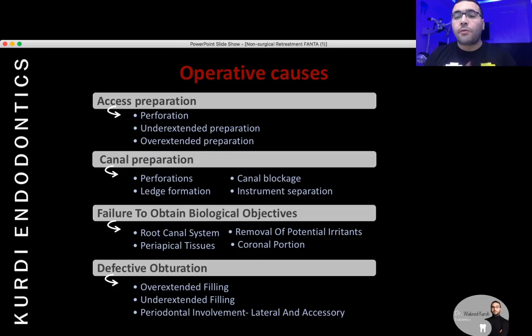We also have operative causes. During your operation, we have access preparation errors, like perforations or even overextended preparation. And we also have operative causes in canal preparation, like perforation, canal blockage, ledge, and instrument separation. Also, if you fail to obtain the biological objectives, if you didn't make good cleaning and shaping, and also defective obturation, these are the main causes during your operation.